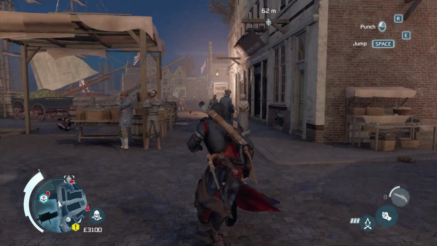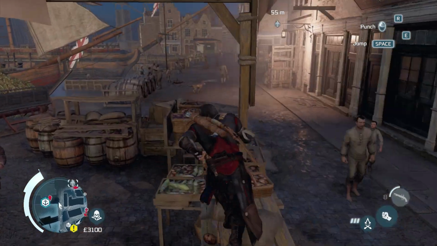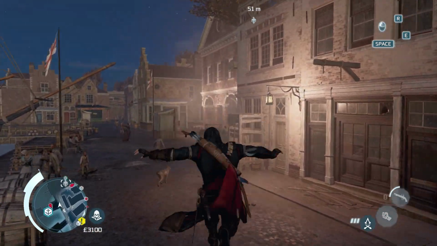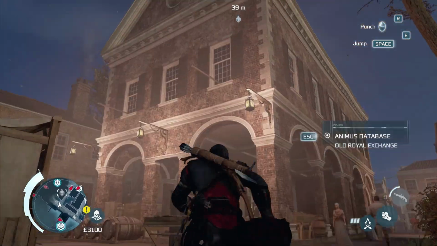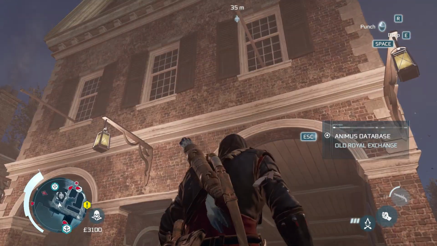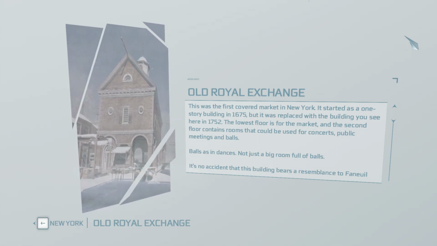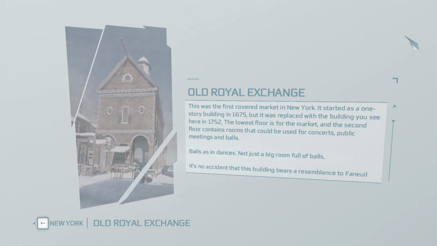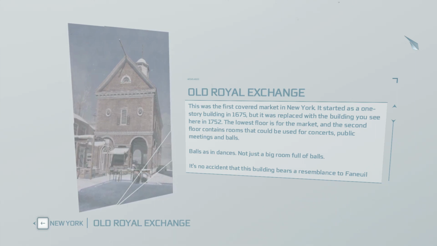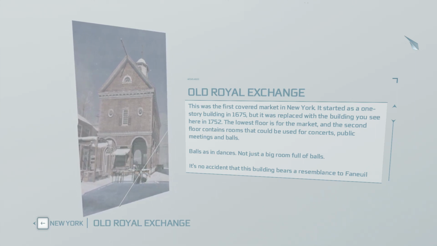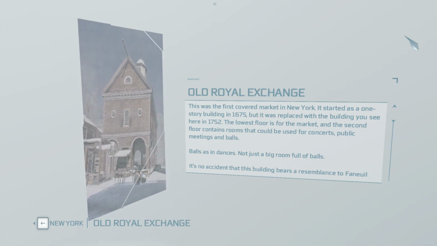While on our way to our next viewpoint, we get another database entry, this time for the Old Royal Exchange. This was the first covered market in New York. It started as a one-story building in 1675, but it was replaced with the building you see here in 1752.